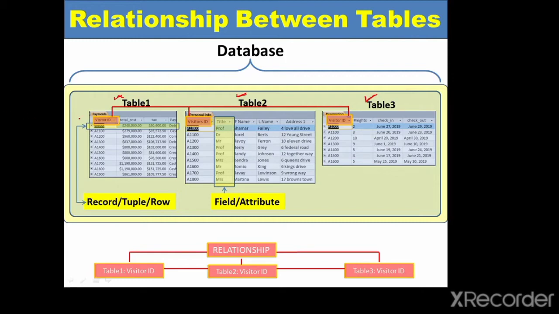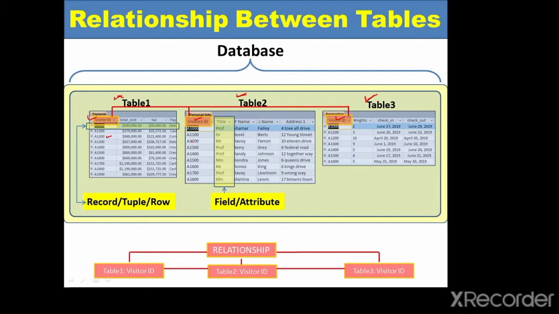So you see in this case, the person had a visitor ID for this field name. And you see here, again, there's another visitor ID. And for table 3 again, there's another visitor ID. So what the computer is going to do is look for the visitor ID in all 3 tables, and it treats that as one person. So here, let's say we are looking at visitor ID A1200, and that might have some financial information.